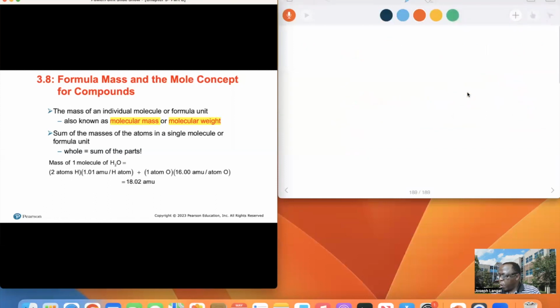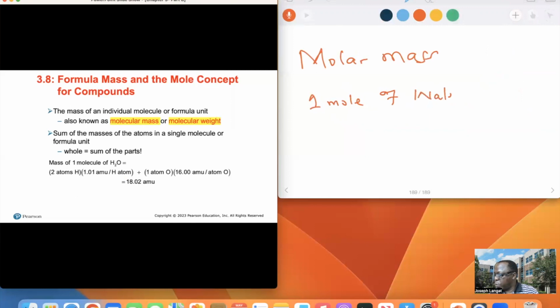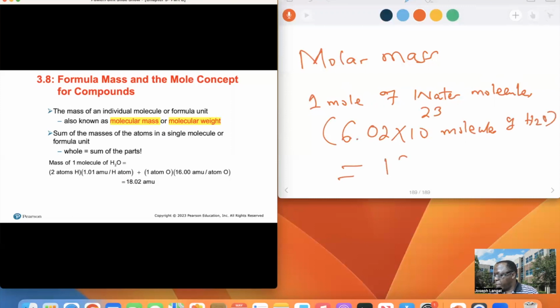Quite often you may see the molar mass. That means if you have 1 mole of formula units, 1 mole of molecules, that means an Avogadro number of H2O, it will weigh 18.02 grams per mole.